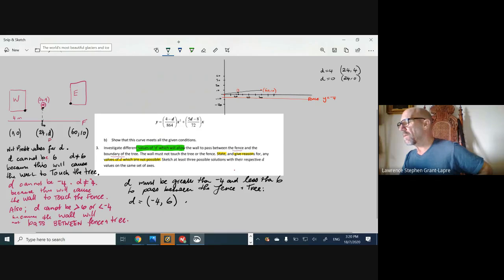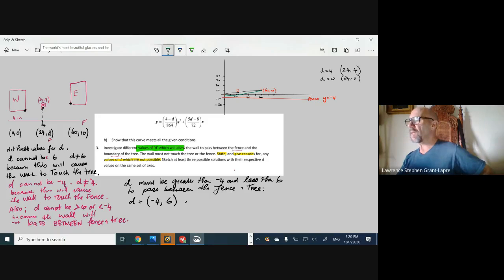Green. Well, that didn't work. It's getting better, but it has to pass through 20, 0.